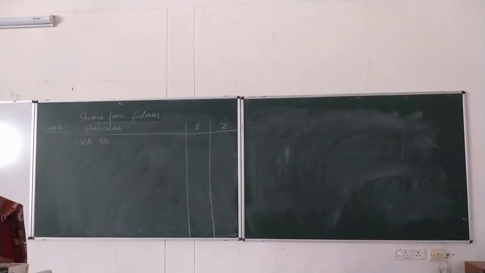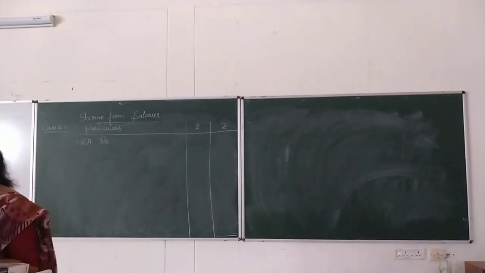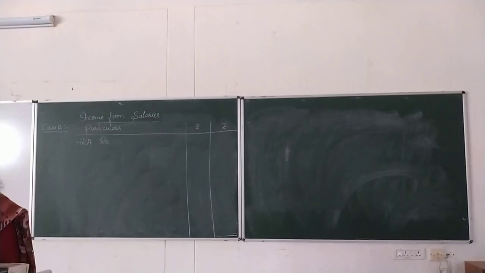Clear, right? So actual HRA received less exemption under section 10 subsection 13A and rule 2A. There are three cases here, and the least of the following we need to take. First, excess of rent paid over 10% of salary.